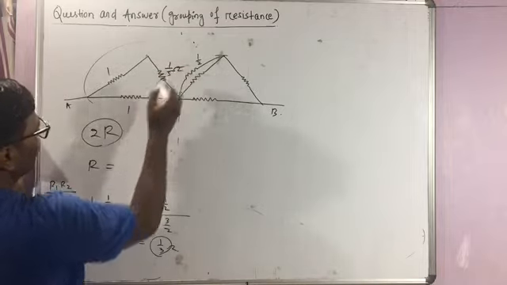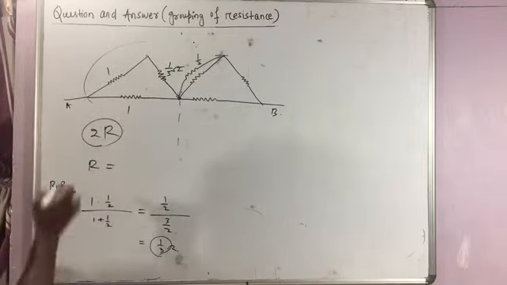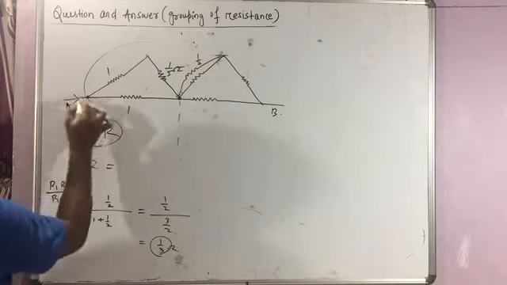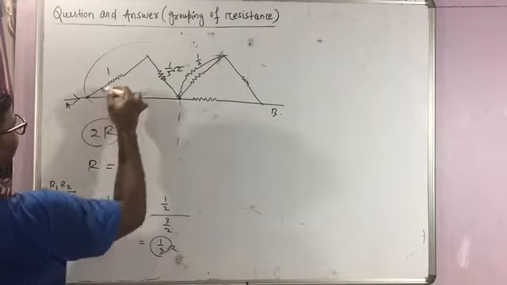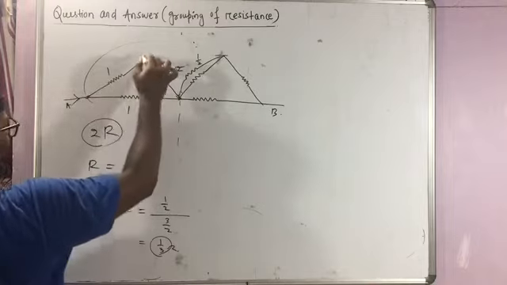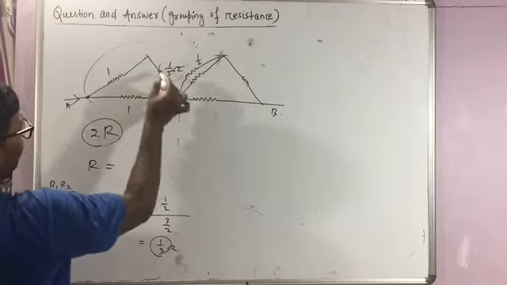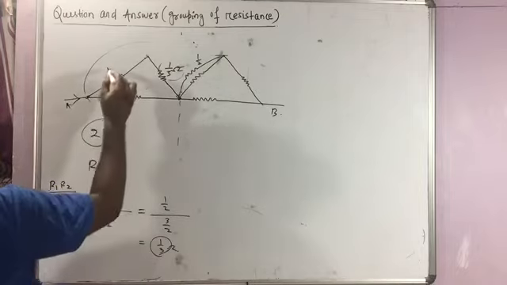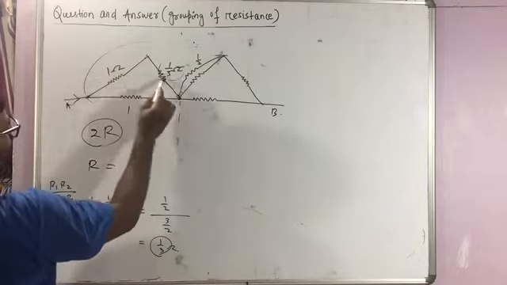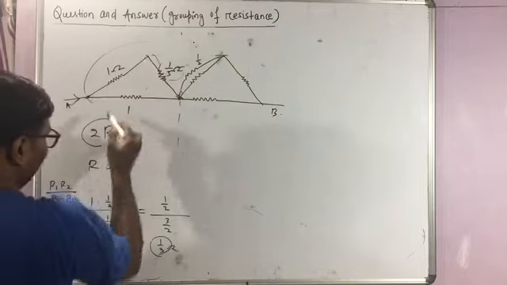Redraw this diagram with one single resistance instead of those 2, and that resistance is 1 by 3 ohm. Now if a current is coming here, it is distributed in 2 branches. Whatever current flows through this 1 ohm resistance, the same current will flow through this 1 by 3 ohm resistance. It means they are in series.